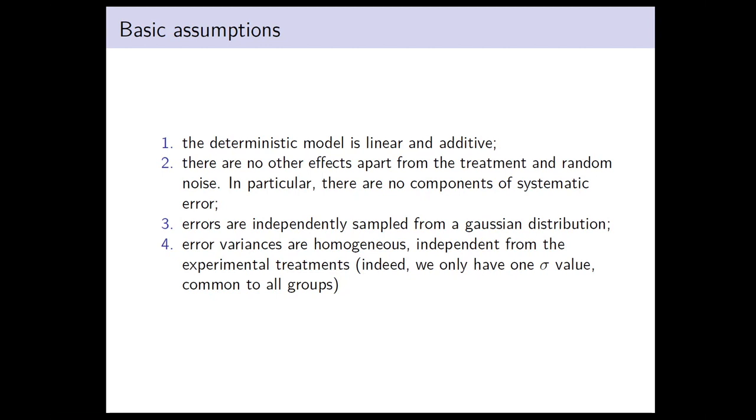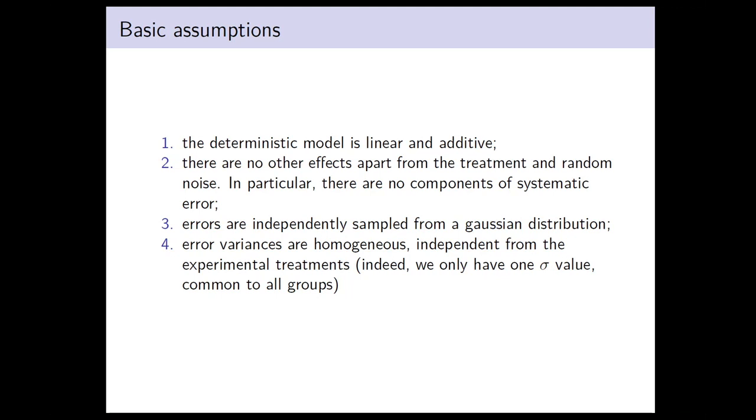There is nothing we can do about this apart from doing a good randomization. It is the randomization process which ensures us that there are no systematic components of errors. So we are linking to the experimental design now.